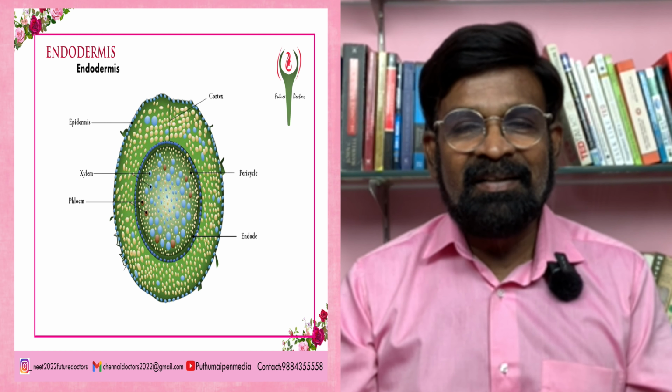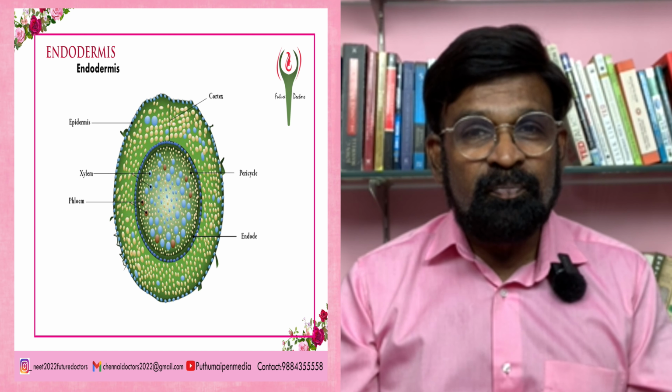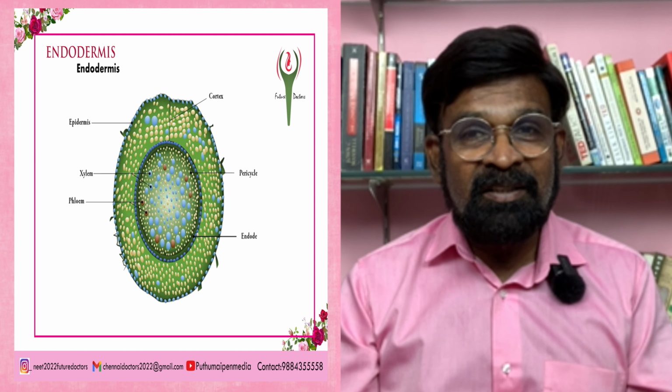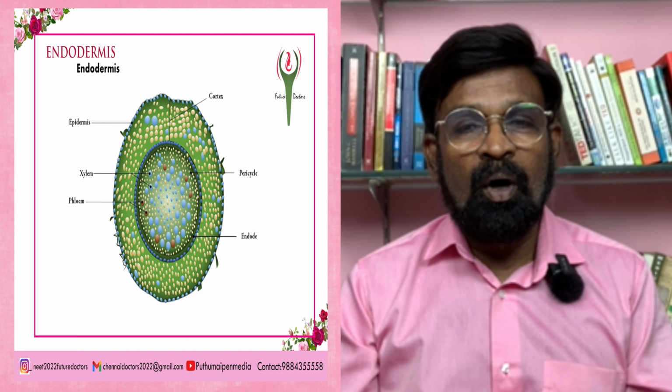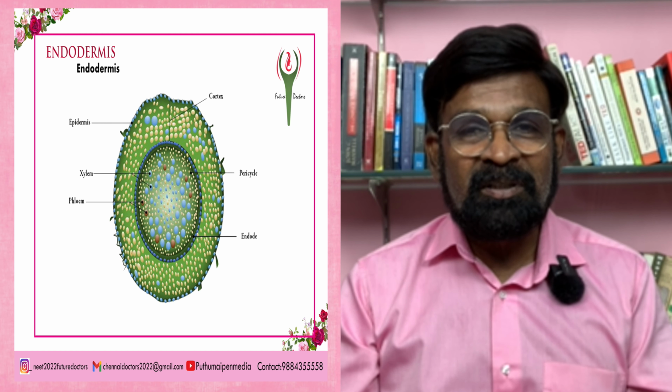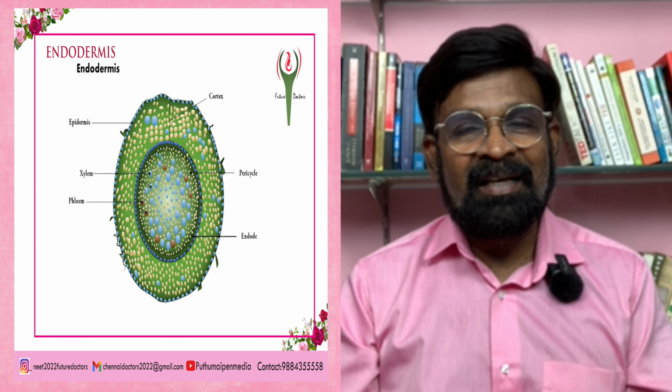These are called Casparian bands or Casparian strips. The Casparian strips are made up of suberin and lignin. These strips prevent plasmolysis of endodermal cells and do not allow wall-to-wall movement of substances between the cortex and pericycle.